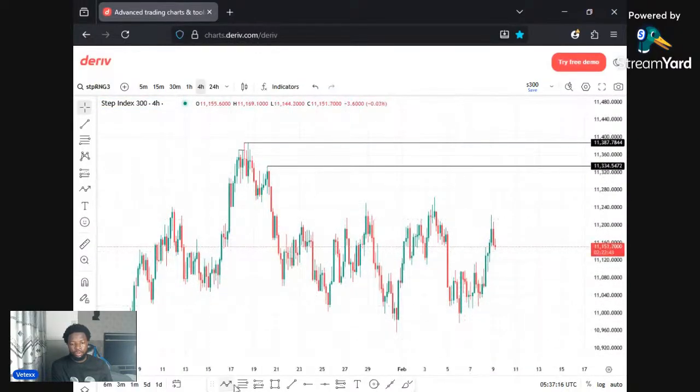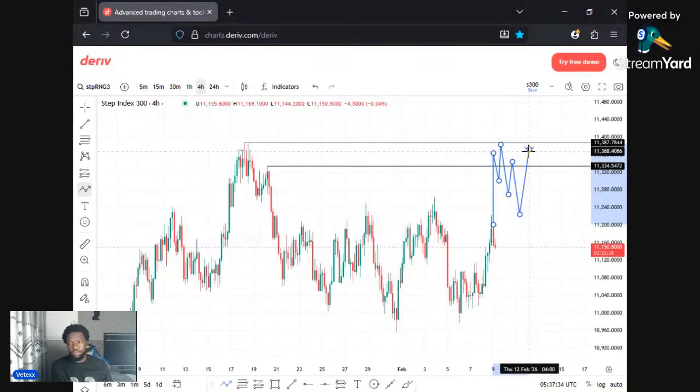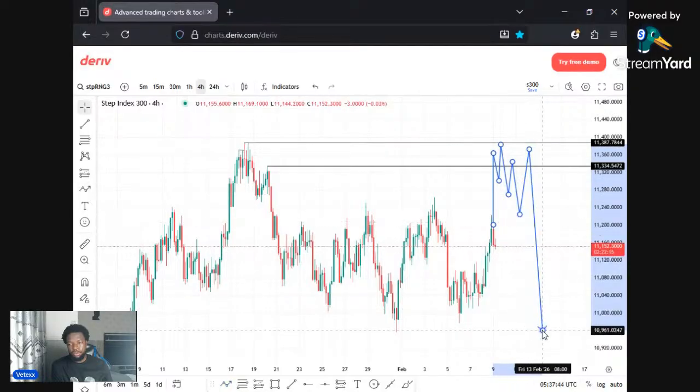So if price comes into this zone on the 4-hour, we'll go to the 1-hour structure and anticipate price to give us this, and then come back to the zone, tap into the supply or demand level inside, and then we'll sell in the opposite direction. Probably we'll hold it from this point down to this point.